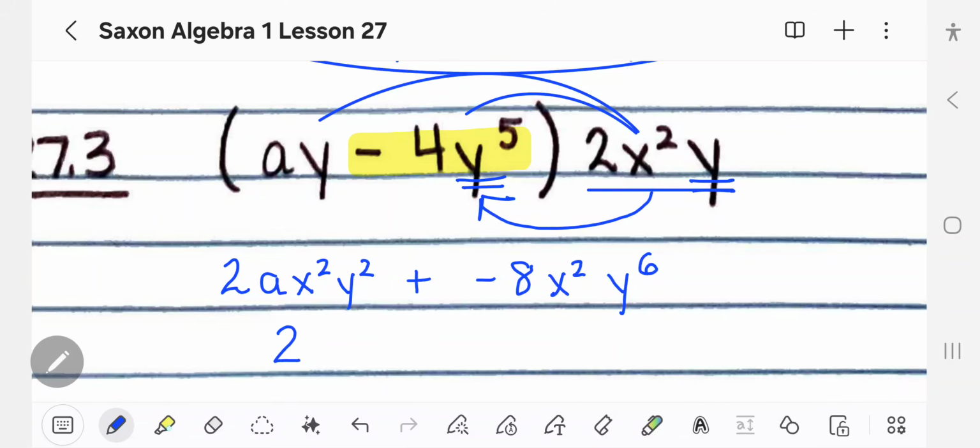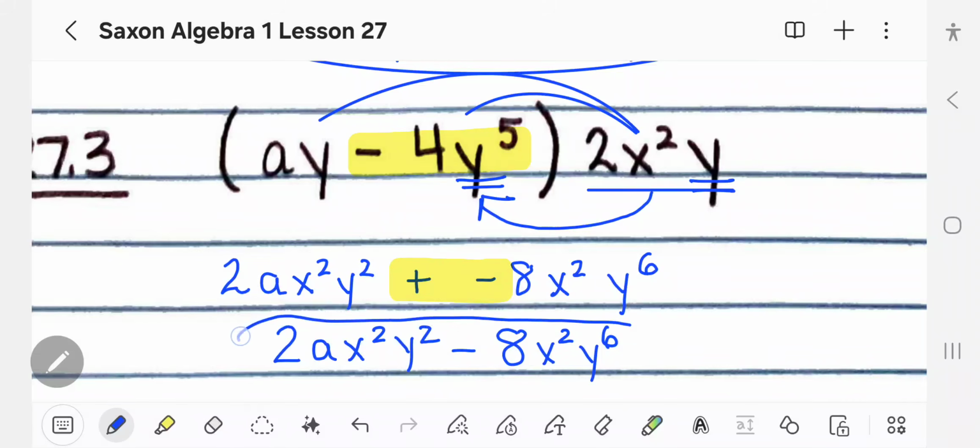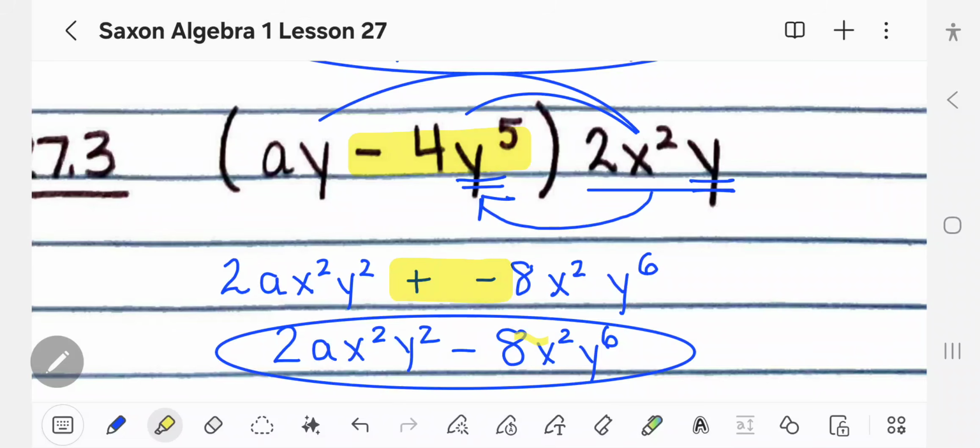And again, we can simplify this by changing adding a negative, or adding the opposite, to subtraction. Okay, and this would be the simplest method. Now, would it be okay if I switched these terms and had this term first and this term after it? Well, not if you wrote 8x squared y to the 6th minus 2ax squared y squared.